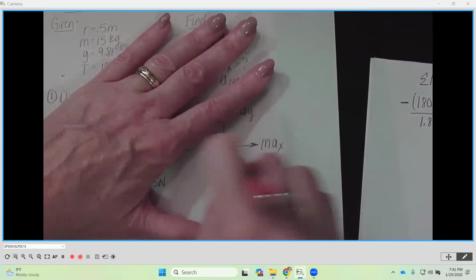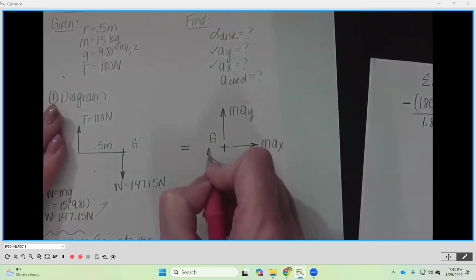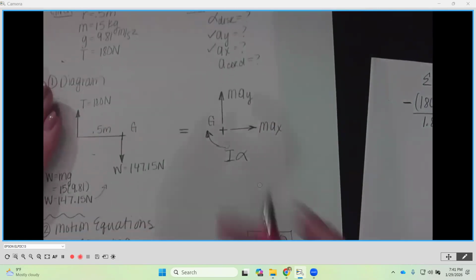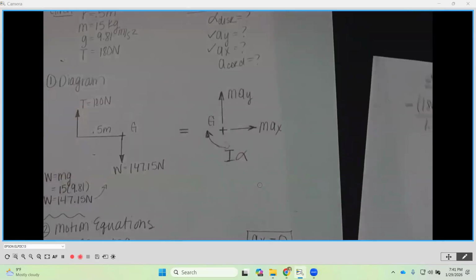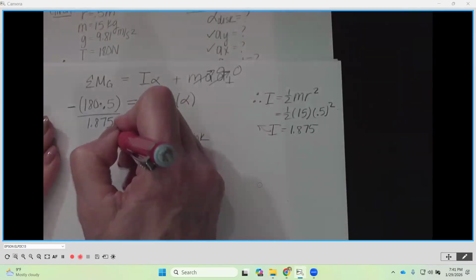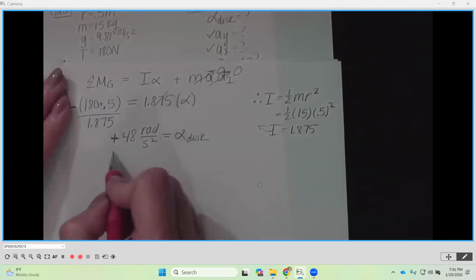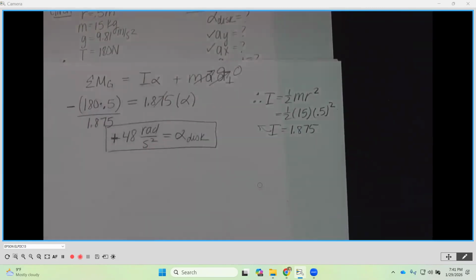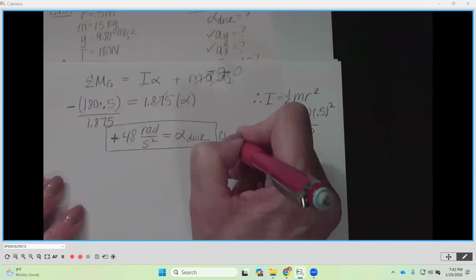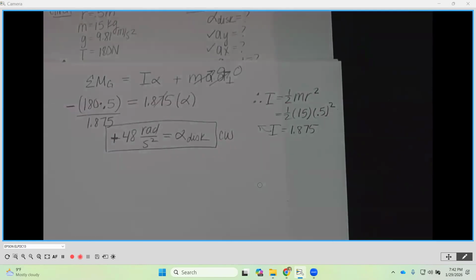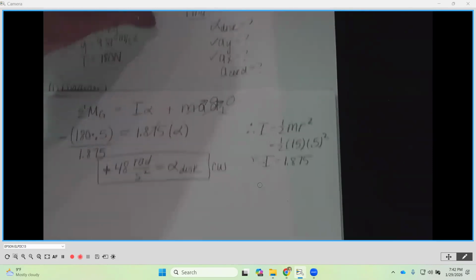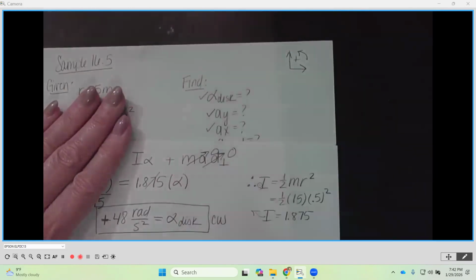So we're just going to change the direction of our rotational inertia here, and we are going to remove the negative. So just put a positive out front or erase it. Okay, so do not leave that answer with a negative in front of it. And then you're going to put a box around, and this is going to be clockwise. And that takes care of this one. Okay.